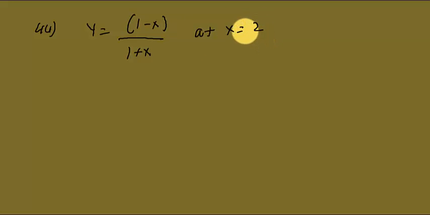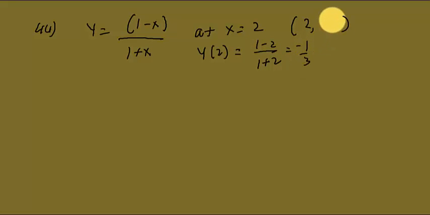If you want to find the equation of a tangent line, you need a point and you need a slope. So we have 2 comma something, we don't know what that is, so we're going to plug in 2 into the function, which is going to give me 1 minus 2 all that over 1 plus 2, which is -1 over 3, so -1/3 is the point.